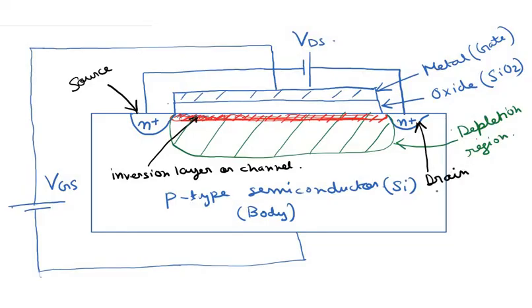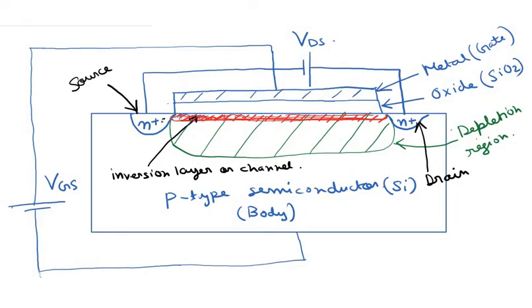Okay, now why is this N plus contact known as the source? Because this N plus contact is basically injecting electrons into the inversion layer, or into the N plus channel.